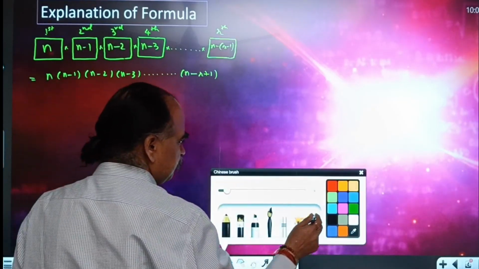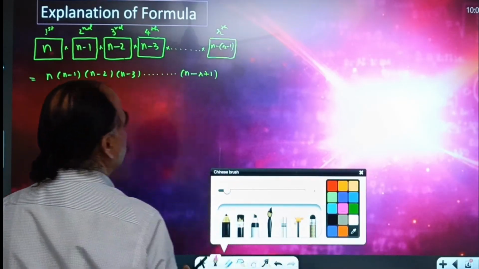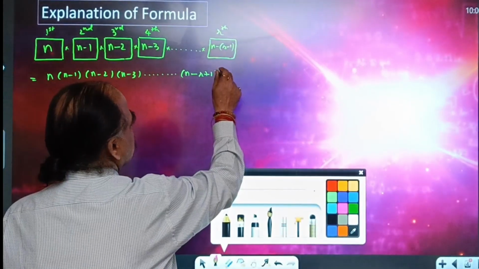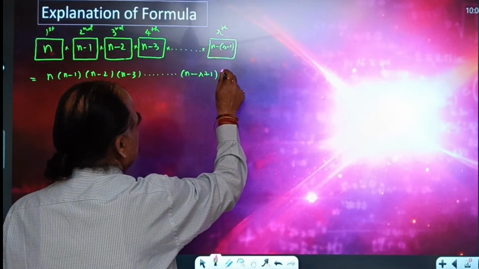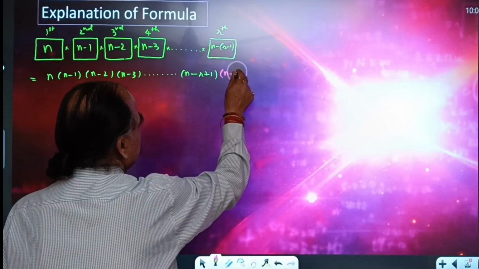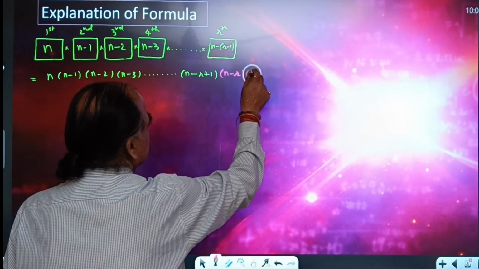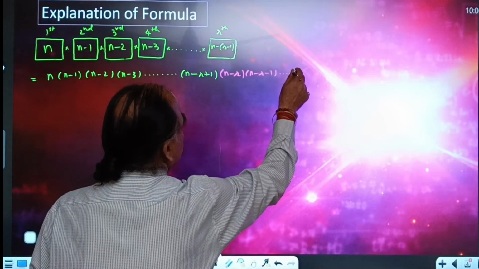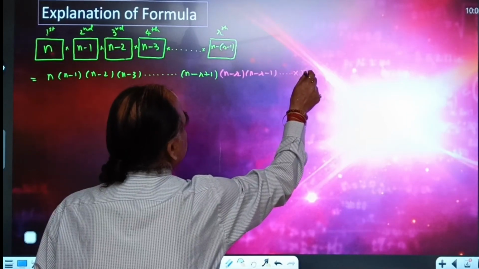Whatever extra I multiply, I will divide by the same: after n minus r plus 1 comes n minus r, n minus r minus 1, and so on down to 3 into 2 into 1.